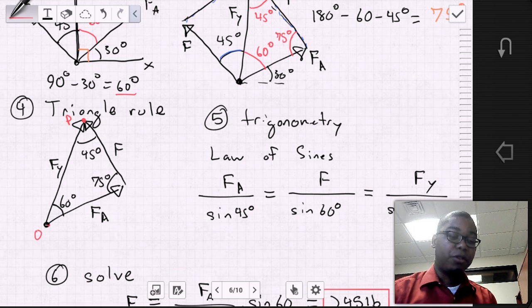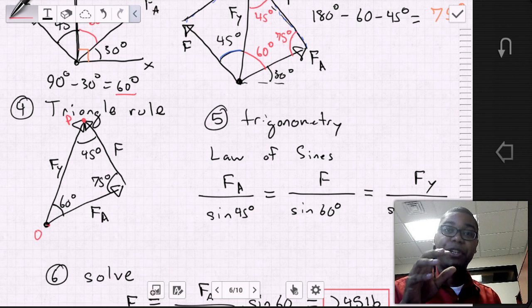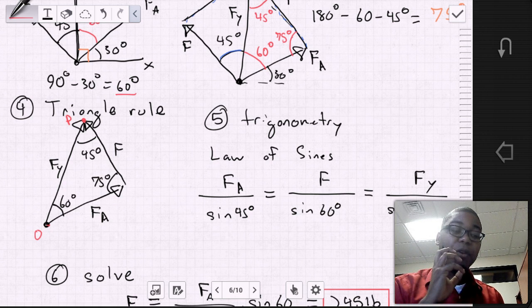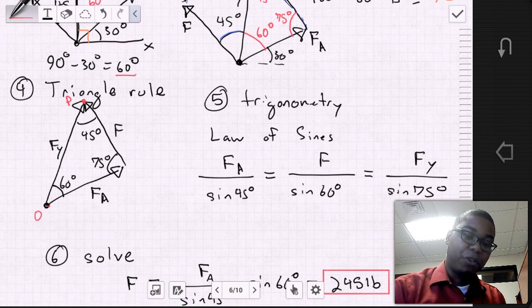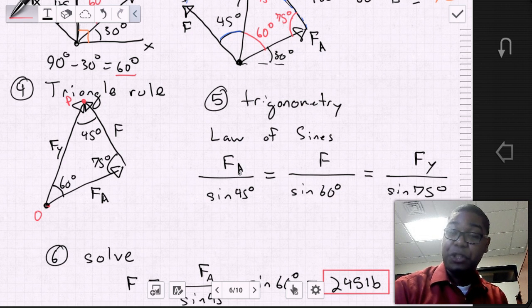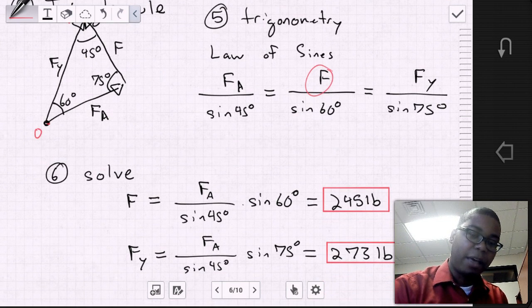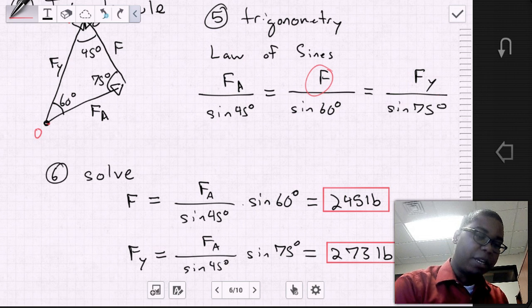So we're replacing the A, B, and C magnitudes and angles with the force magnitudes and the angles between those forces, okay? And now that we have this equation, we have our known angles, we have a known force A, which is 200 pounds, we can simply solve for F and Fy by taking parts of the law of sines.